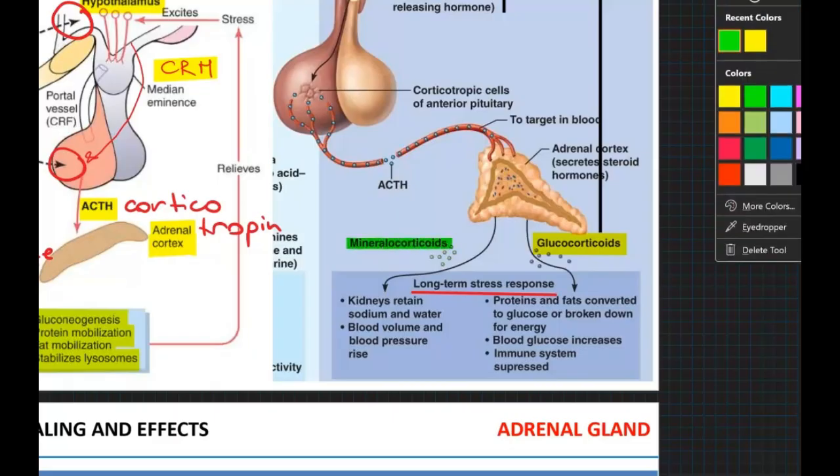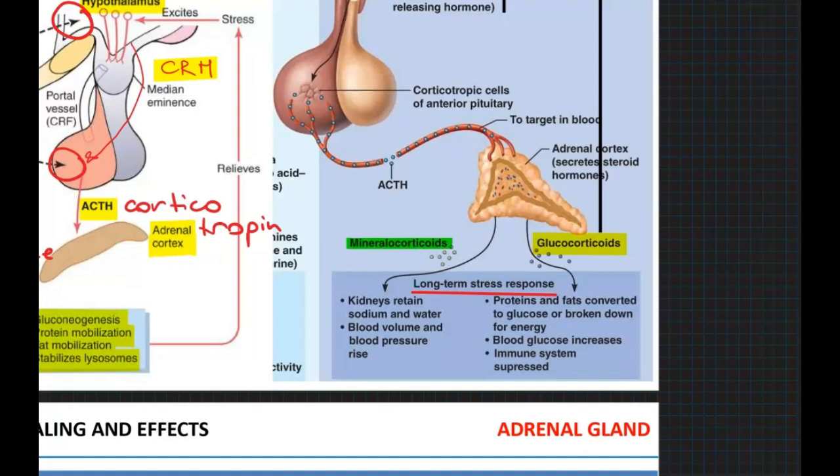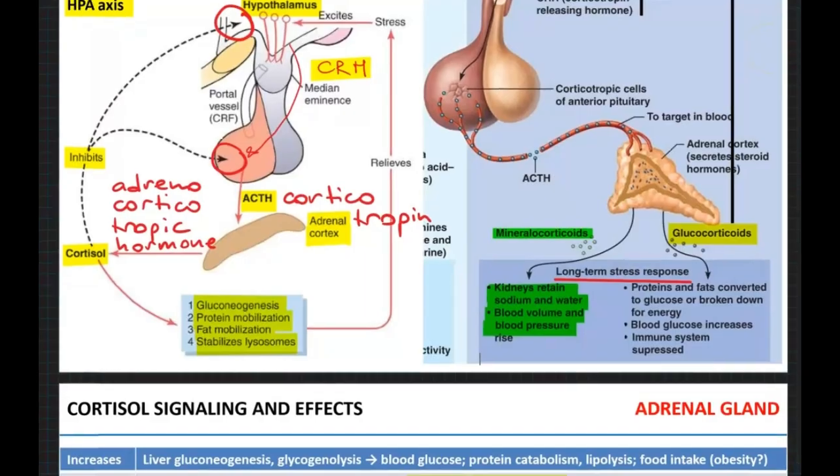These mineralocorticoids, the ones that we were talking about before, the aldosterone hormone, retain sodium and water, which result in the increase of blood volume and increase in blood pressure. So as you can see, the stress stimulation acts on both zones of the adrenal cortex. Zona glomerulosa, which produces mineralocorticoids, and zona fasciculata, which produces glucocorticoids.